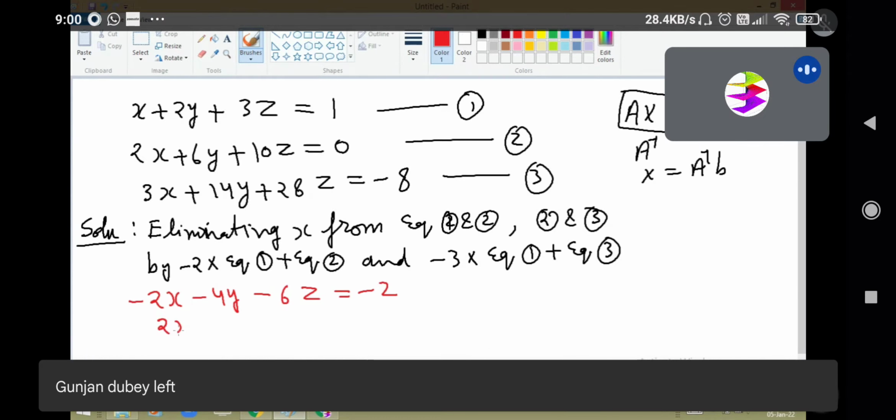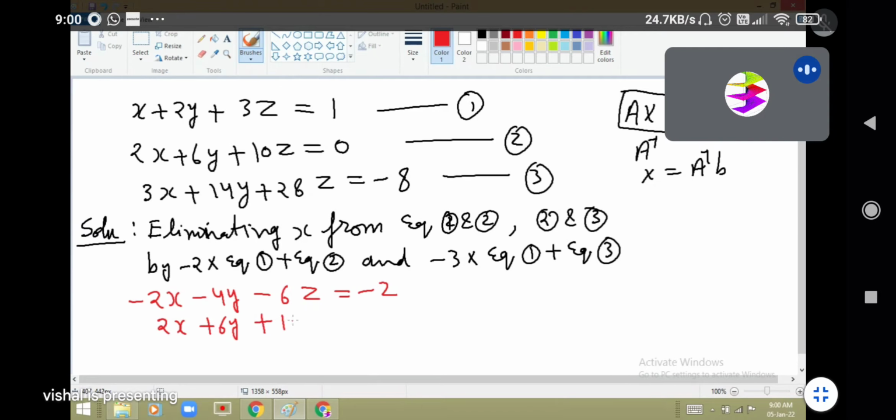Equation number 2 is 2x plus 6y plus 10z is equal to 0. Then we add these equations, so x will cancel out. This becomes 2y plus 4z is equal to -2. This is your equation number 4.